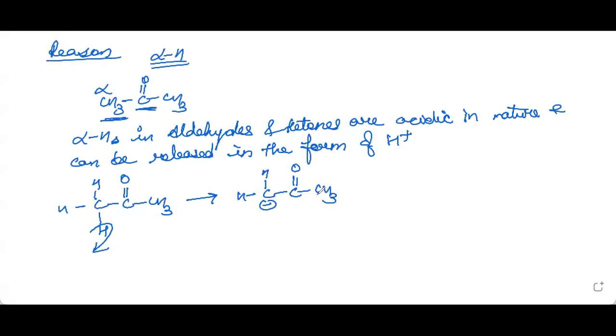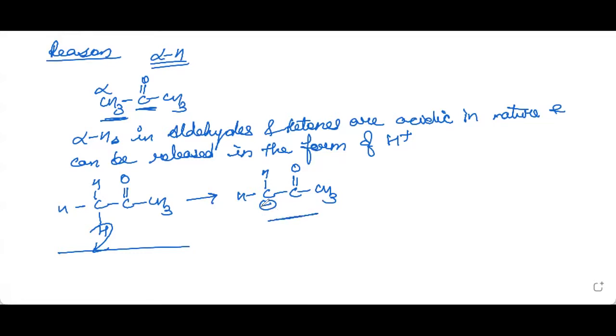We have already studied that a carbanion is formed if it is stable. Suppose you are giving something to another person, you will give it only if you are stable after giving that substance. So this will release H positive only if it is stable after releasing it. Now we need to see how this carbanion is stable.